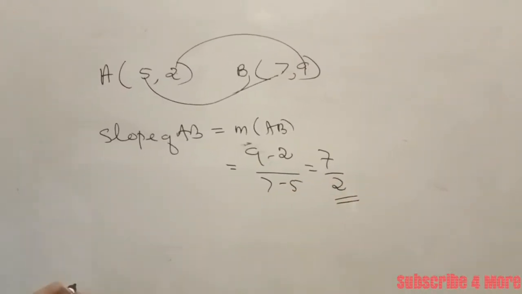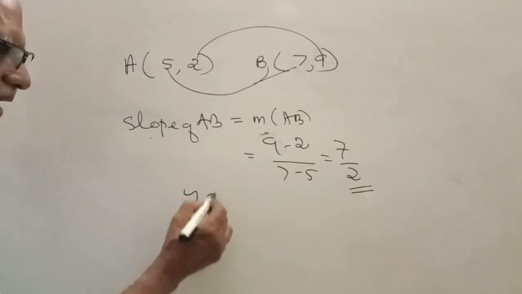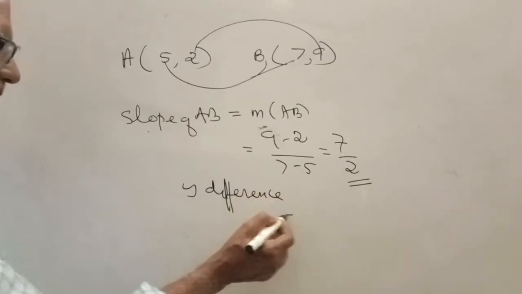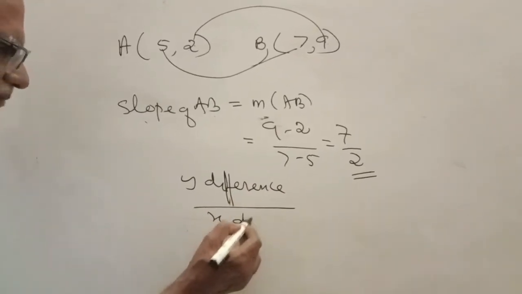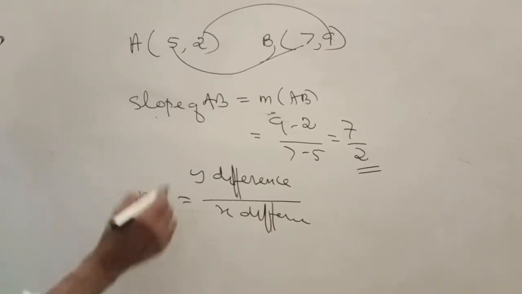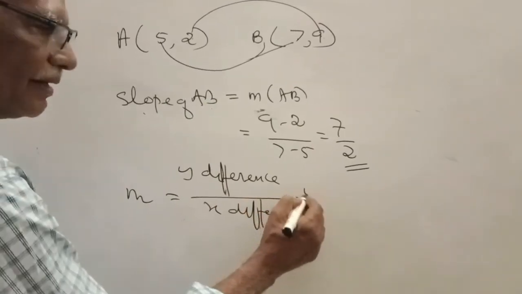So 7 by 2 is the slope. So slope of AB is actually y difference divided by x difference. This is our m. But remember, this difference is taken in order.